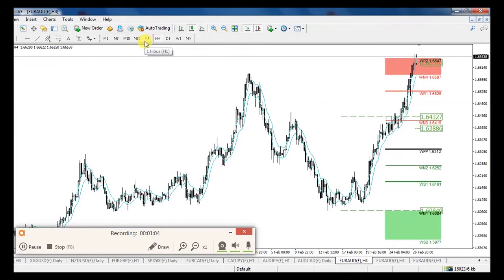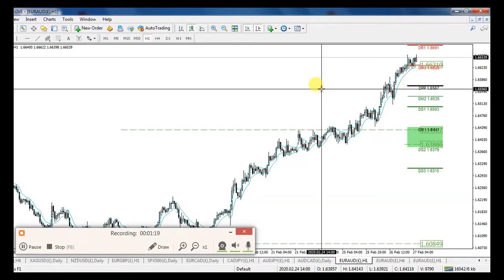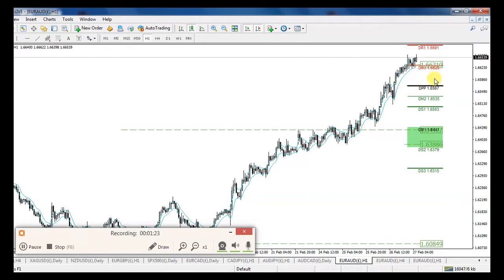If it retraces, however, I don't see much of a big retracement, probably down to this daily pivot, which would be a good entry, but I personally do not take a trade on just one piece of evidence. If it's only a daily pivot, I will not take a trade based purely on that.